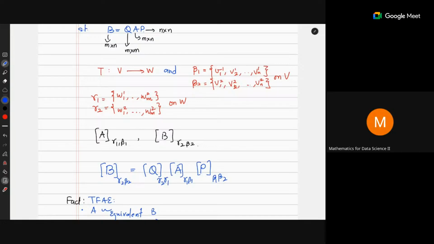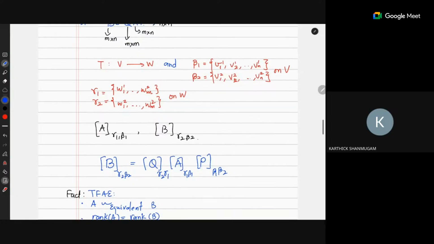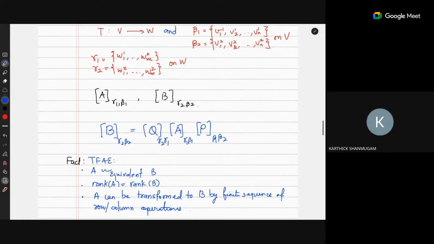If the question asks to find P and Q, then you need to find P and Q. So if the transformation alone is given with the 4 sets of bases pertaining to V and W, we can directly compute the matrices B and A. You don't need to go into that much detail unless they have asked for P and Q. And if the ranks of these two matrices are equal, then it is equivalence.